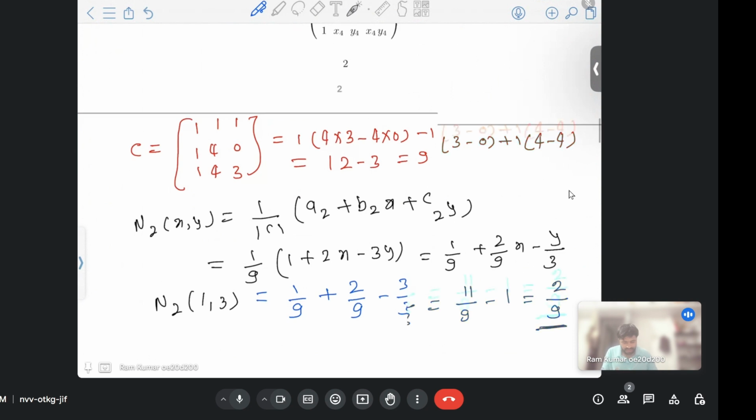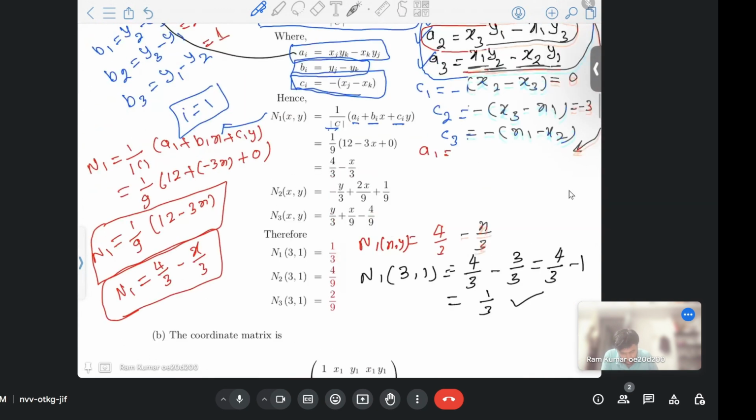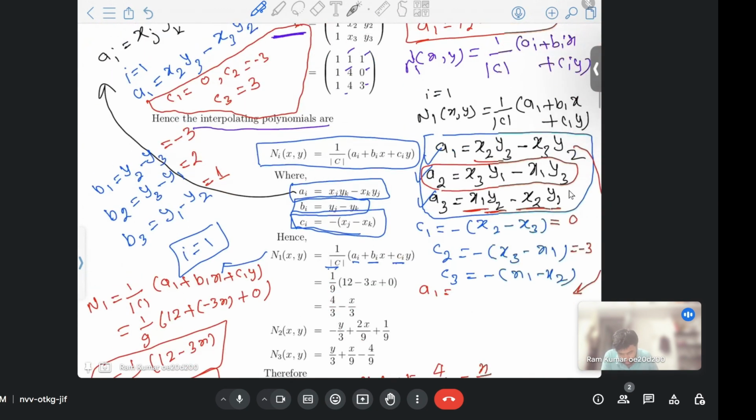Similarly, what will be our n3? So we are going to find n3 x comma y equal to, with a similar formula, determinant, then a3 plus b3x plus c3y. Now, as I told you, we already calculated a3, b3, c3.